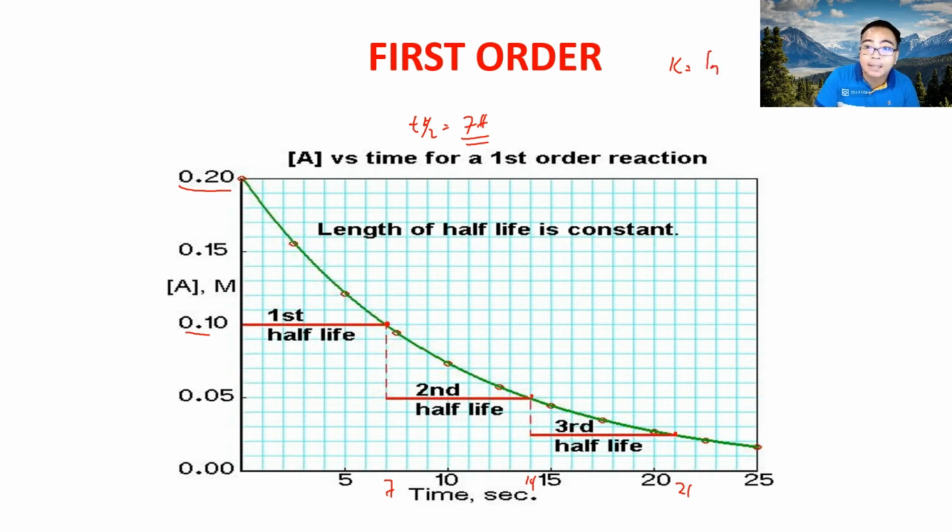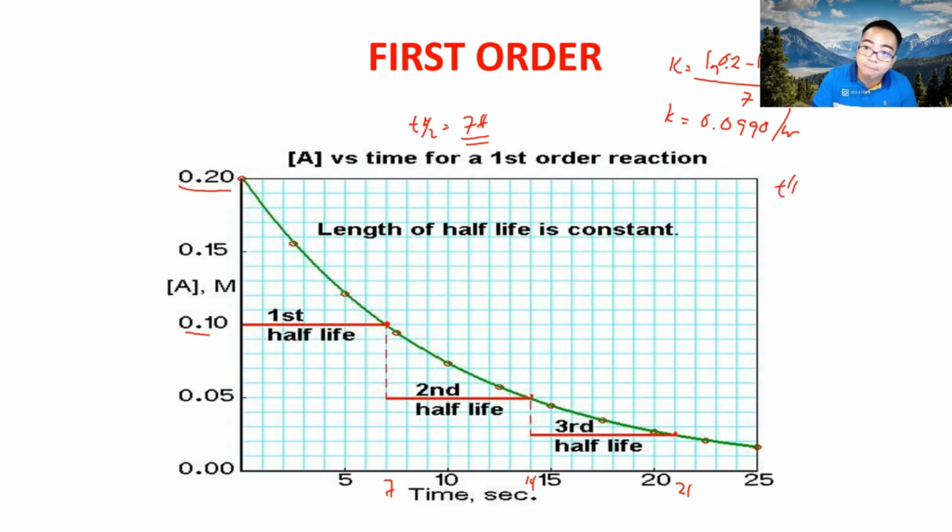That's ln 0.2 minus ln 0.1 over 7. ln 0.2 minus ln 0.1 rectangle to class, divided by 7, you get 0.0990 per hour. That's for K.